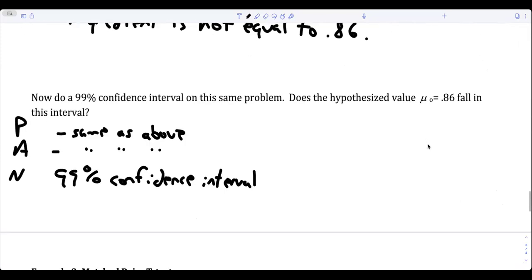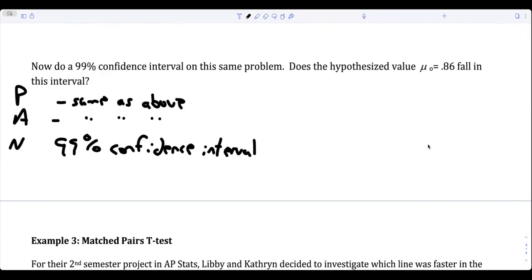Okay, so this is a 99% confidence z-interval for one sample mean.